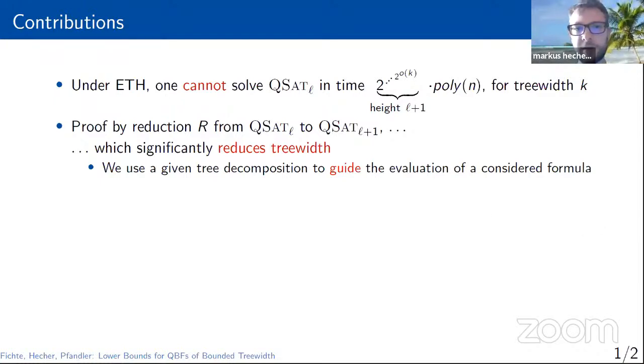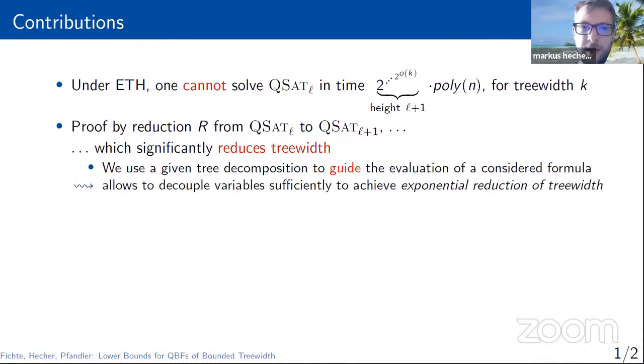The reduction R is guided along a tree decomposition of our given QBF of quantifier rank L. This reduction tries to decouple structure, decreasing structural dependencies, and this is done via the additional quantifier block.